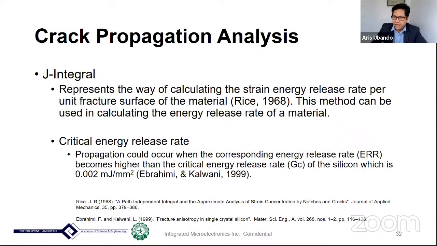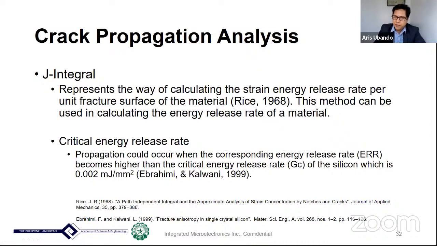Another aspect that we have considered in this study is to track the crack propagation analysis. For us to be able to quantify the crack propagation, we have used the J integral. The J integral represents the way of calculating the strain energy release rate per unit fracture surface of the material. So this method is used in calculating the energy release rate of a material.